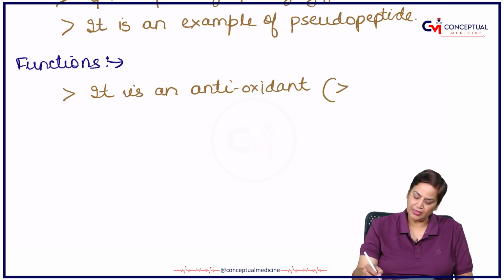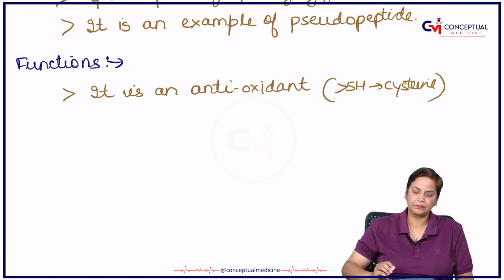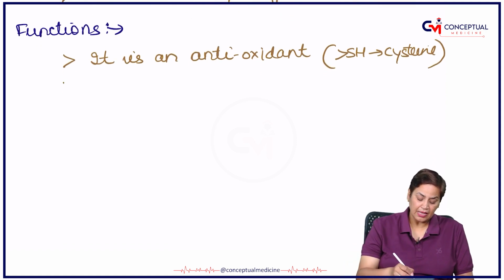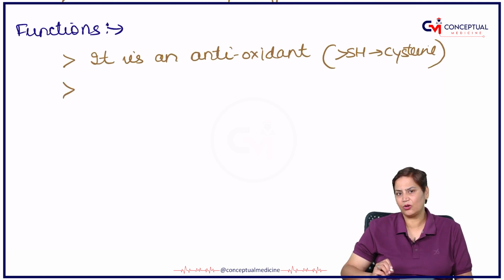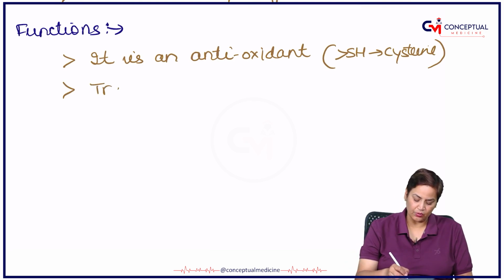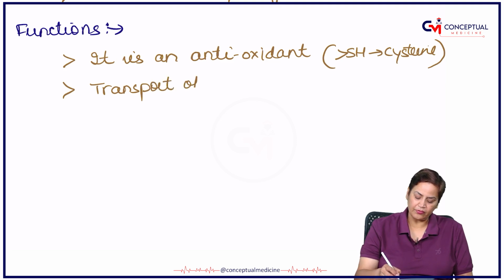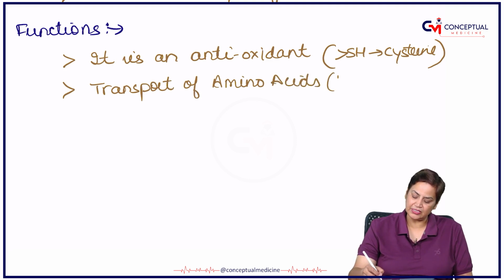And from where is this antioxidant nature coming? It is coming from the SH group of cysteine. Right? Second, glutathione is required for the transport of amino acids by a very important cycle which is known as Meister cycle.